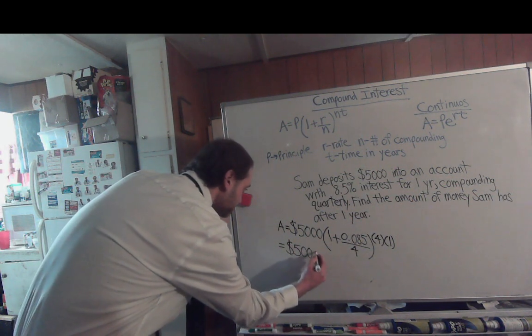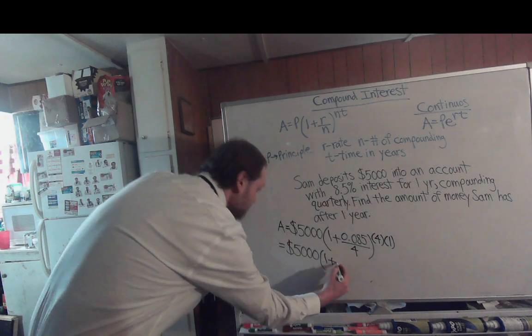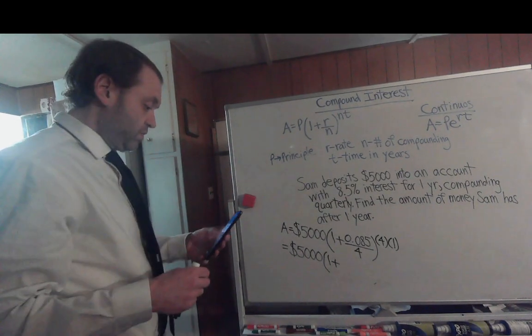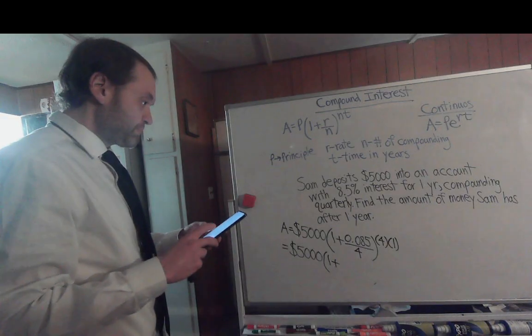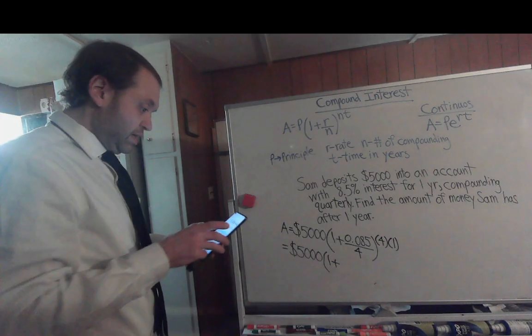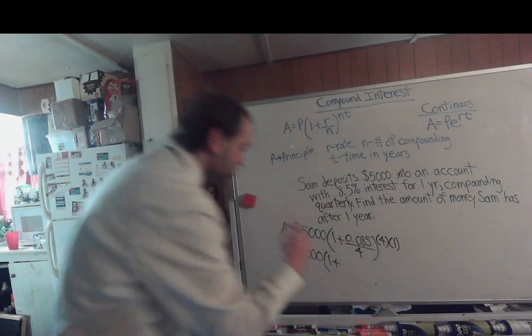$5,000 times 1 plus, let's figure out what 0.085 divided by 4 is. 0.02125.